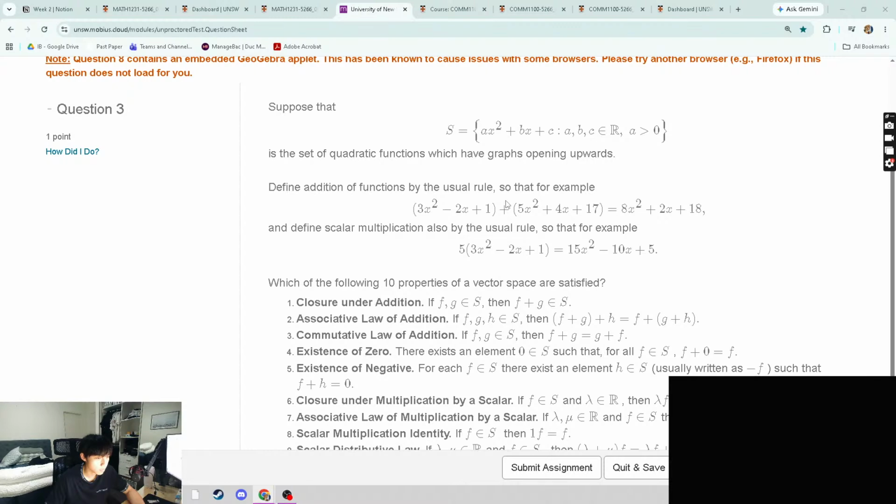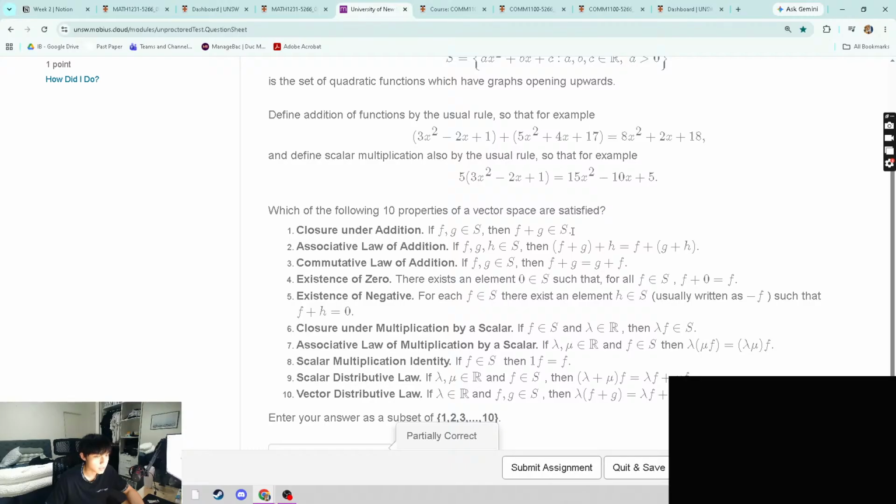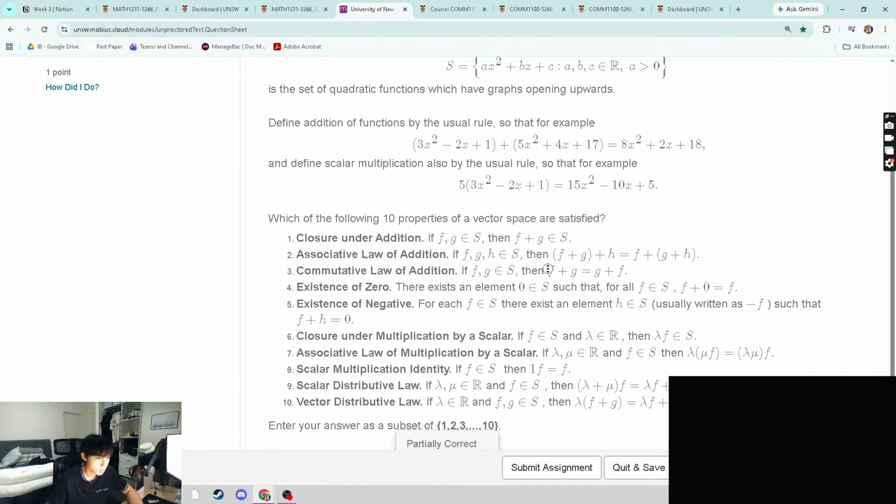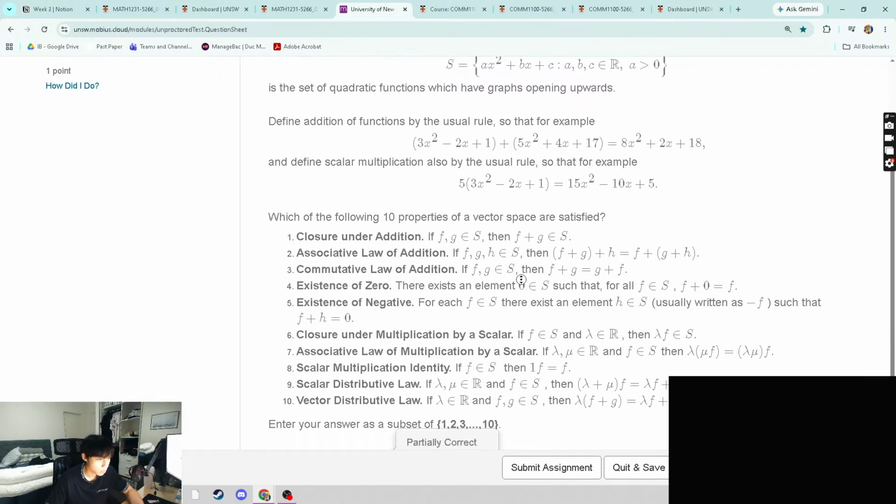The associative law of addition we would probably get for free, because you could just add in a different order, and it would just be normal addition. Commutative law also we get for free. Existence of 0 doesn't work, because a cannot be 0, it must be larger than 0, so we can rule that out.